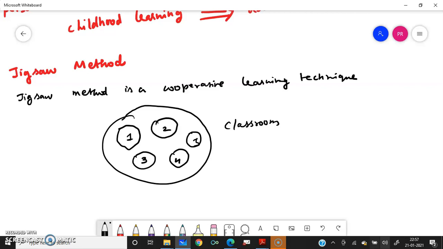Okay, in this zigzag method, what is happening, we'll see. Each and every group, suppose it consists of 4 members. So you have the content.